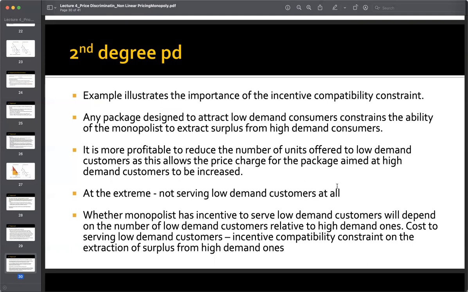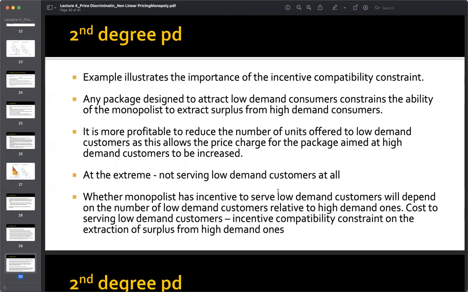At the extreme, you may not want to serve low demand customers at all, because by lowering the quantity offered to the low demanders, you would tend to decrease the attractiveness of the low demand package, and then decreasing the money you will have to pay for the high demand, right?